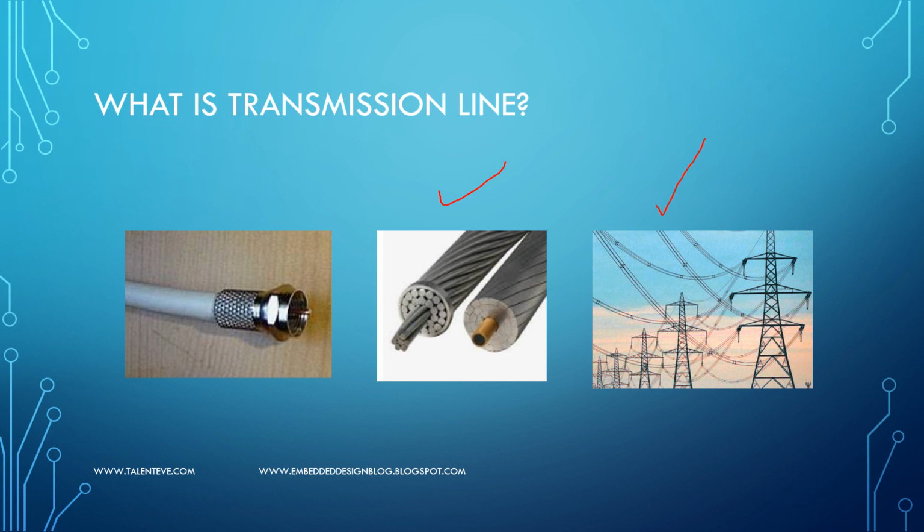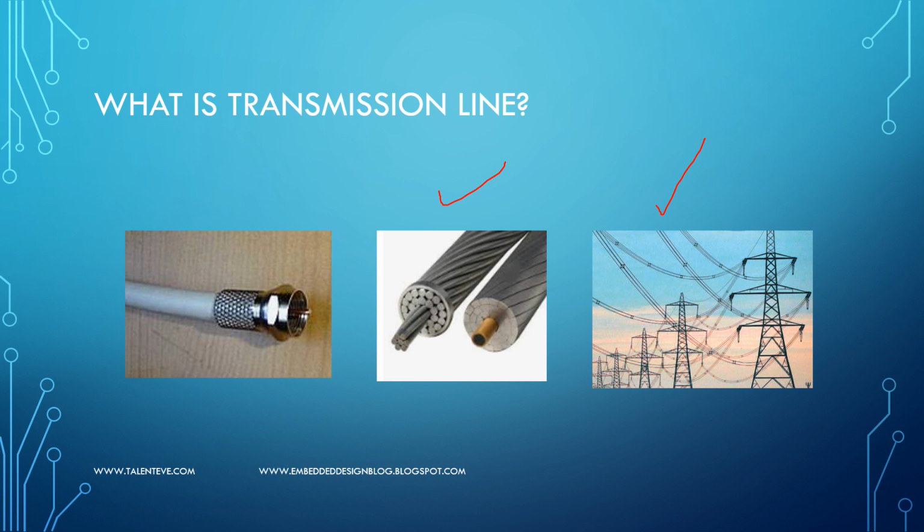If you are probing something from a circuit and displaying something, that is also a transmission line. Everything which carries some electrical current with some topology around it, we call it a transmission line. So it is clear, it helps us to transmit the signal from one place to another.